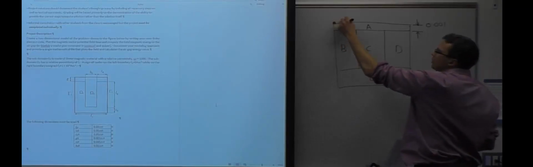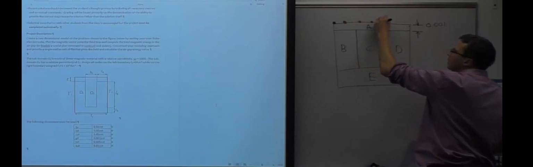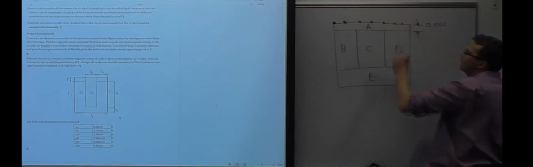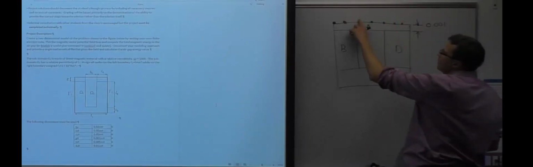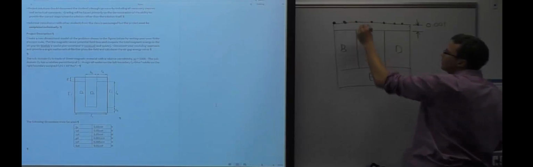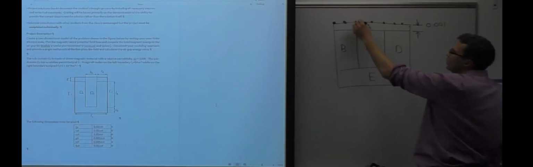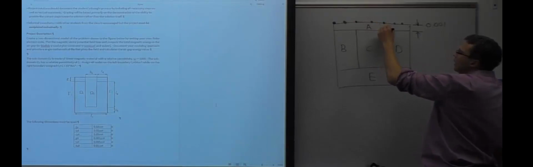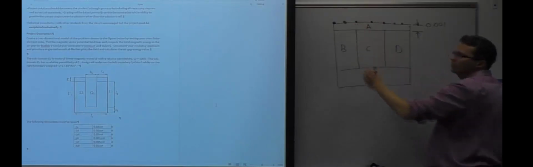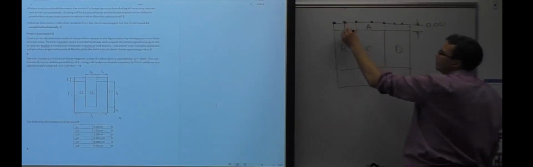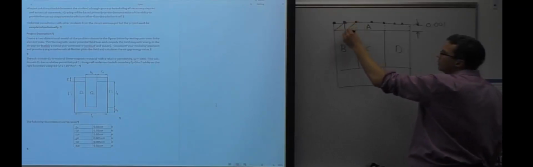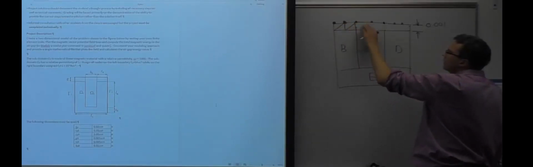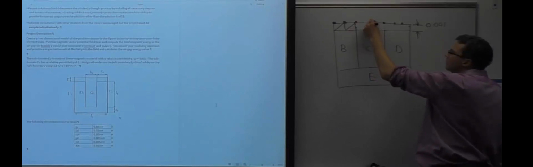So you'd break this down into elements like that. Now it would make a lot of sense to make the element points, the nodes, coincide with these boundaries too. So you can make your triangles like this, for example.